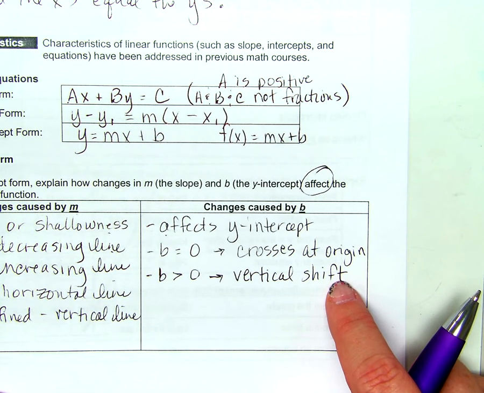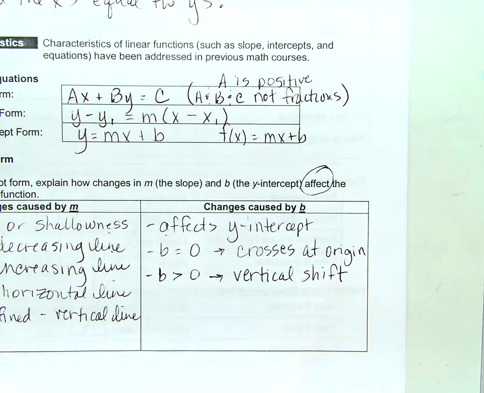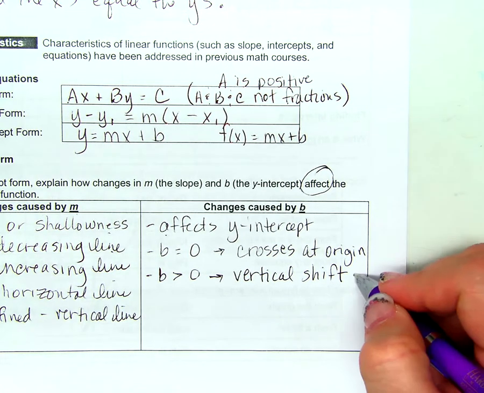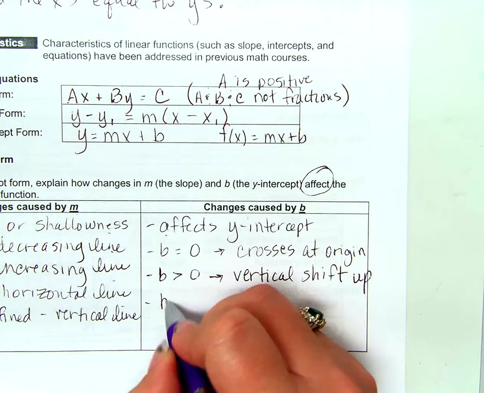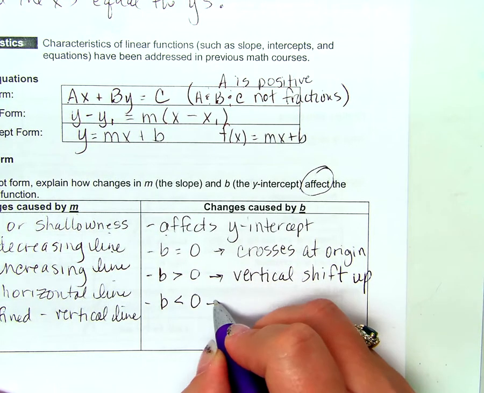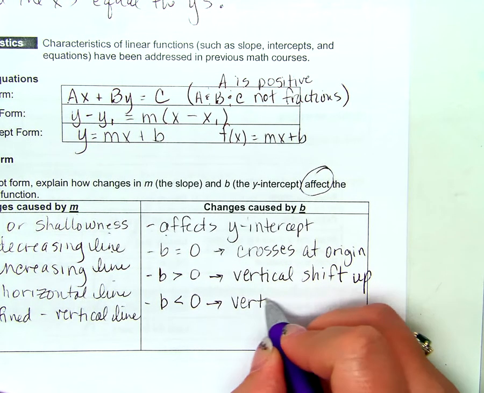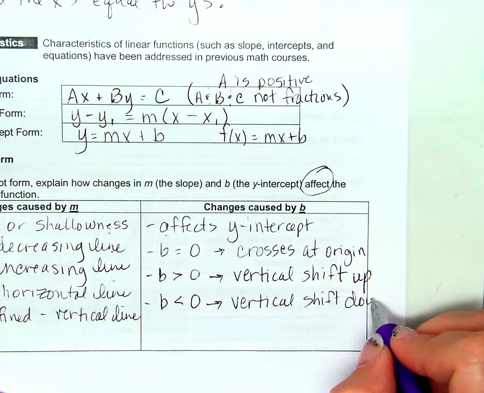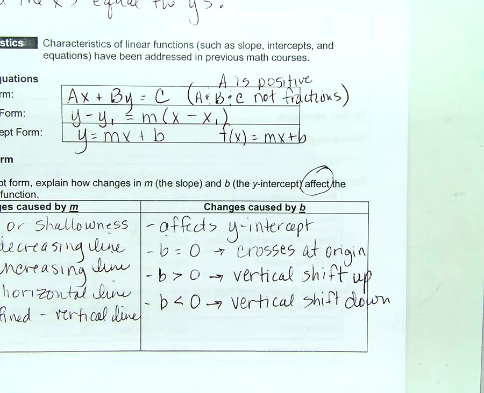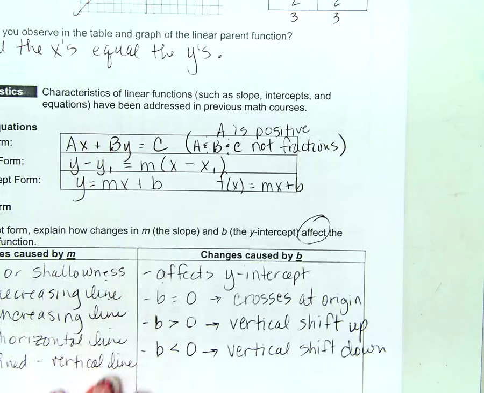Please don't forget your F, because if you do, it's a totally different word. Okay? It's a vertical shift where? Up. And if b is less than 0, if b is negative, vertical shift down. Any questions about that? Now, that was pretty quick and painless because it was in the video, right?